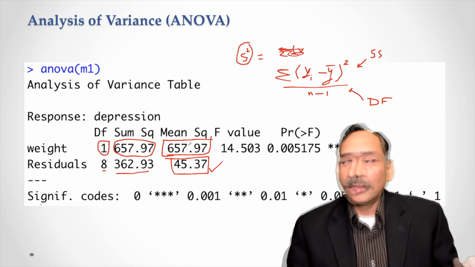So it is statistically significant. So for simple linear regression, p-values are same. This is same as this. For simple linear regression, square of t value equals F value. So I mentioned that.